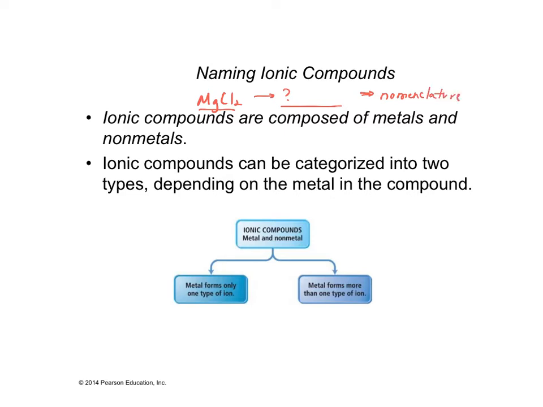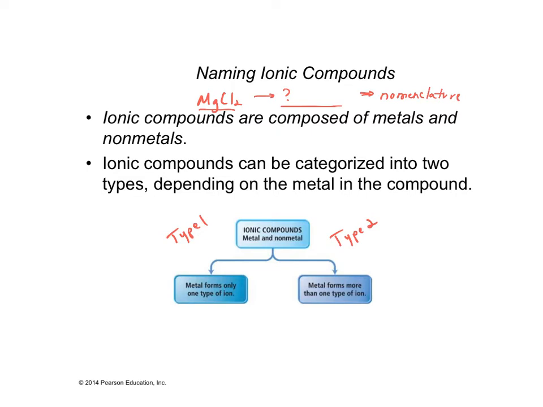So we do start with ionic compounds because, again, they have more rules overall, and they're harder to remember. There are 2 different types of ionic compounds: a type I compound and a type II compound. How do they differ?